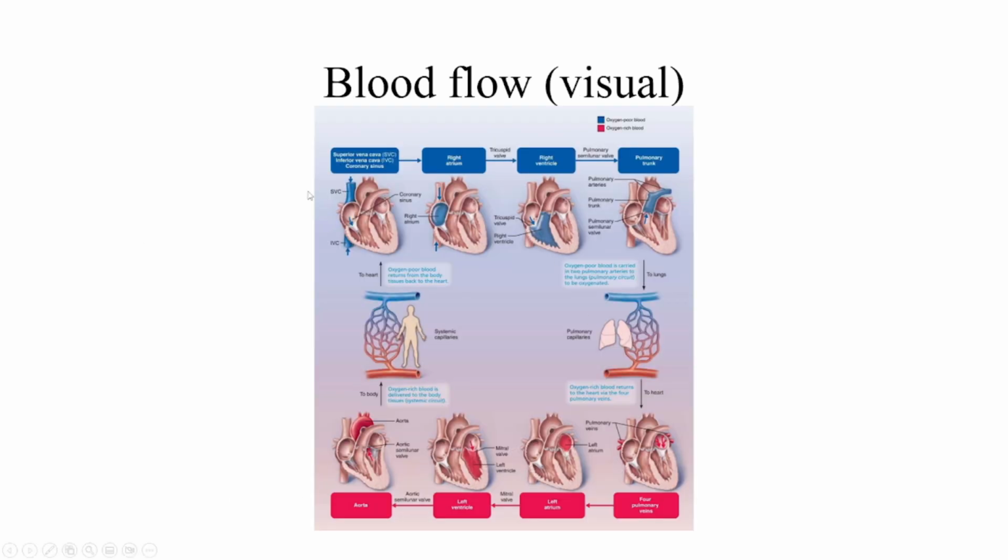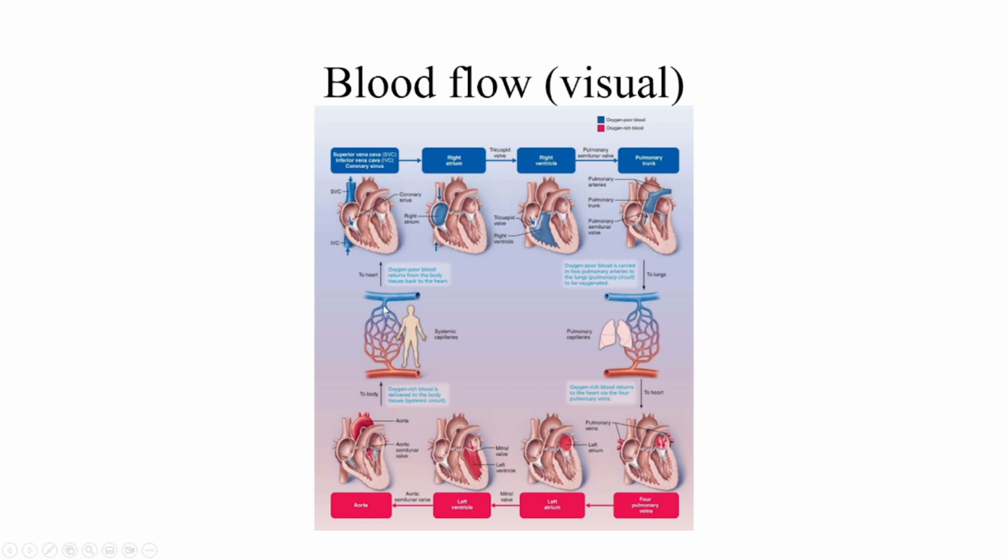Alright, so now we've got a diagram here of blood flow. Once again, much like the other diagram, you have oxygen poor blood and oxygen rich blood indicated by changes of color. The blue blood here is oxygen poor.